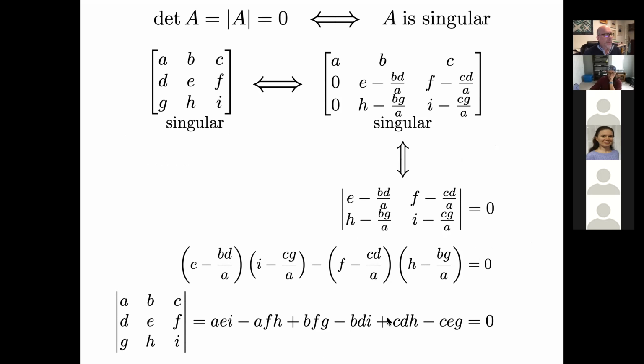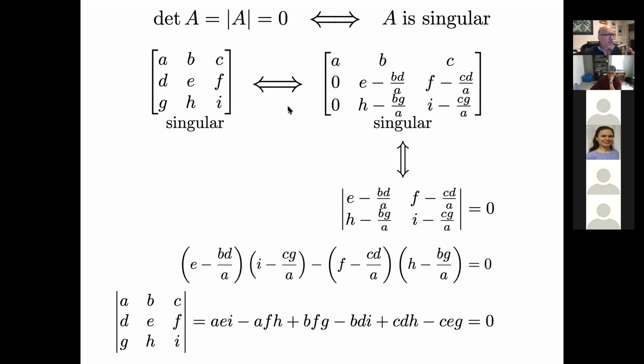What about a 3x3 matrix? Well, one of the ways that you can do this, a good exercise for undergraduates, is to start with your general 3x3 matrix and then do Gaussian elimination.